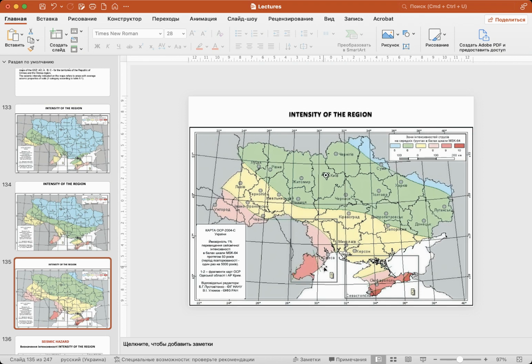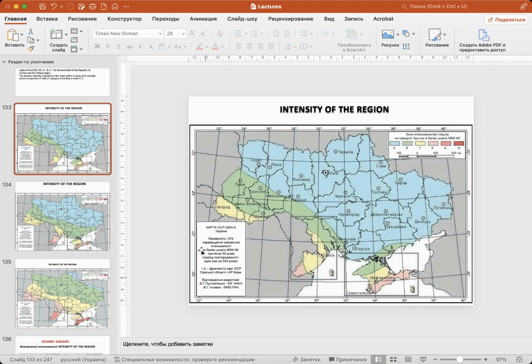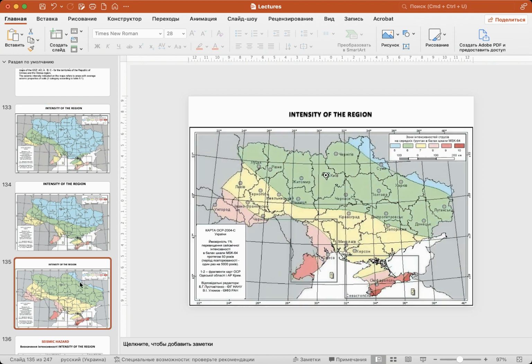It is very connected with the probability of an earthquake, because map A takes into account the strongest earthquake once in 500 years. Map C takes into account the strongest earthquake once in 5,000 years.